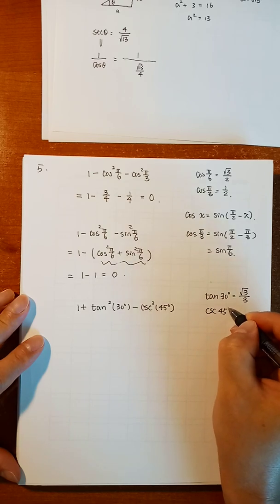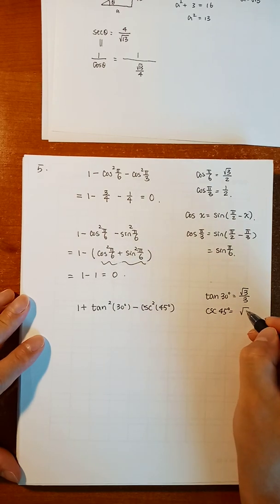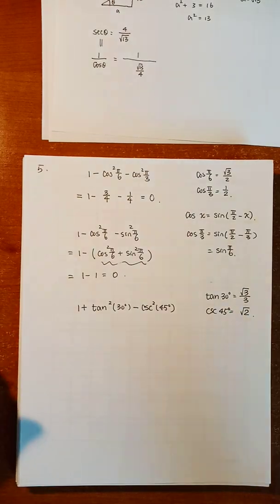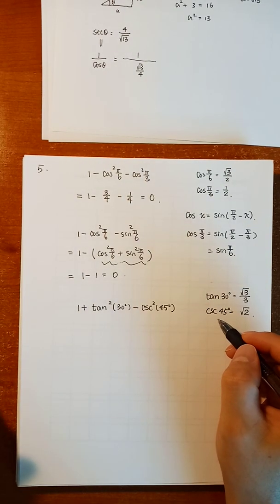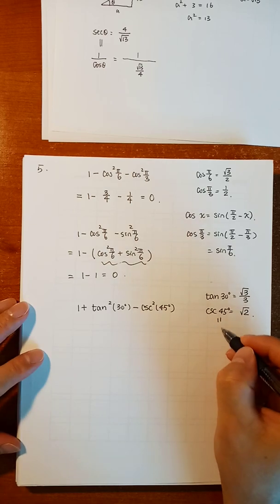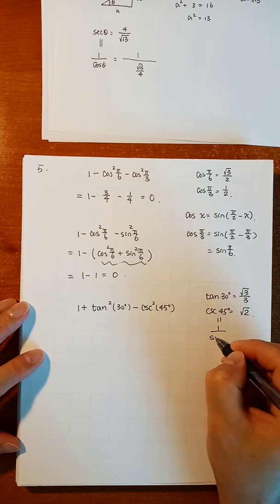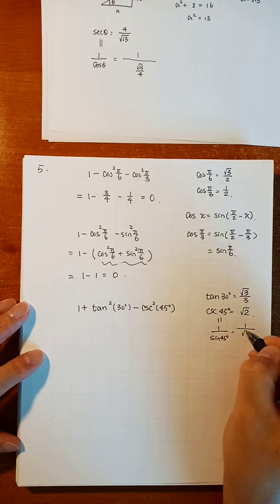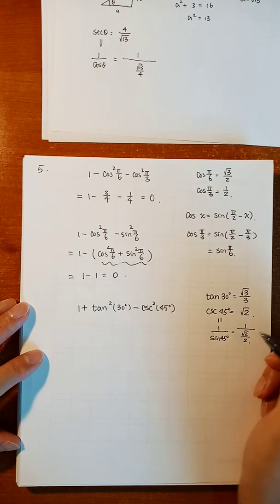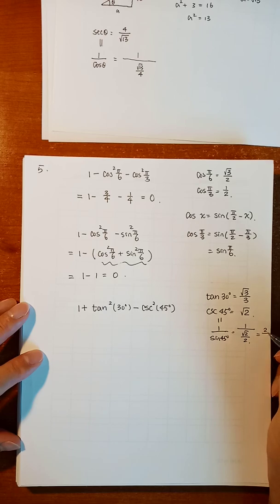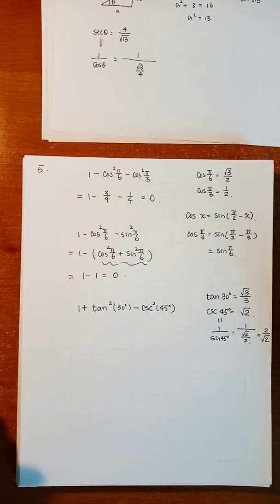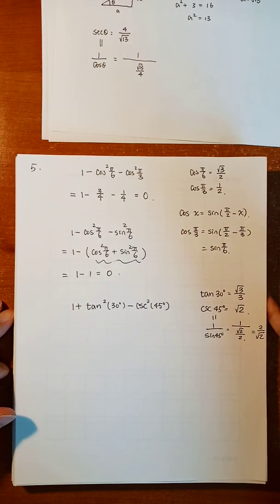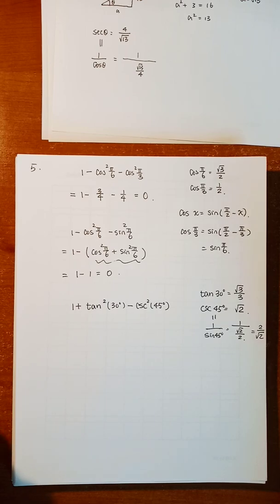Cosecant 45 degrees is square root of 2. Cosecant is 1 over sine, so it's 1 over sine 45, which is 1 over square root of 2 over 2. So it's 2 over square root of 2, which is square root of 2. Whatever, you just memorize it.